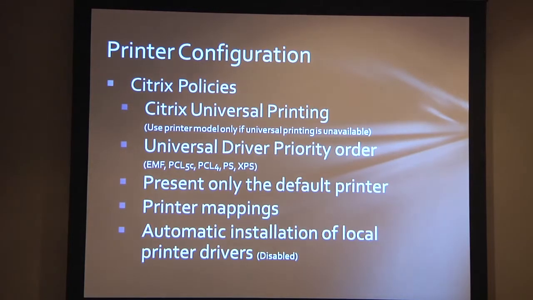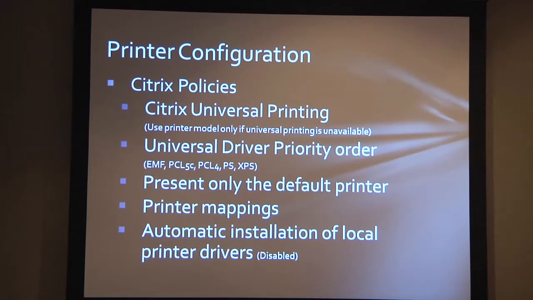And it works really well for us. Again, we do use HP printers primarily. And then I just put the setting that we use: use printer model only if the universal printing is unavailable. That's the actual setting that we have set.